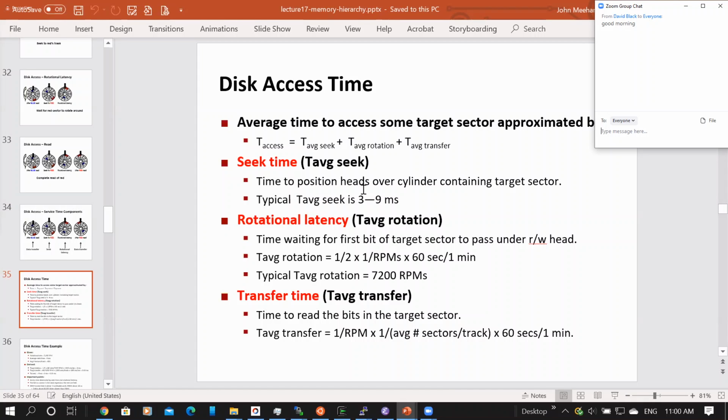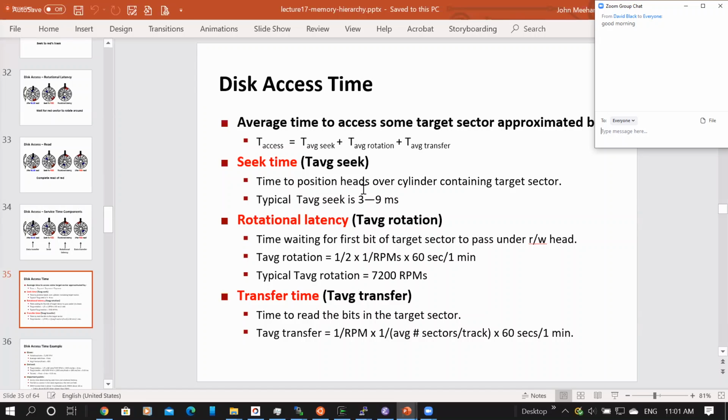The manufacturers run these tests where they feed a random sequence of requests at the thing, and then they look at all the seek times and take the average of all that, and that's what they publish as their average seek times. But any one particular request that you make to the disk is going to vary from that, obviously, depending on how far it has to go.